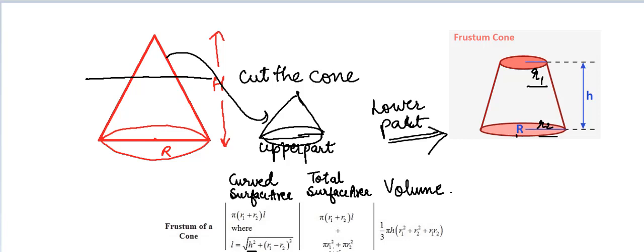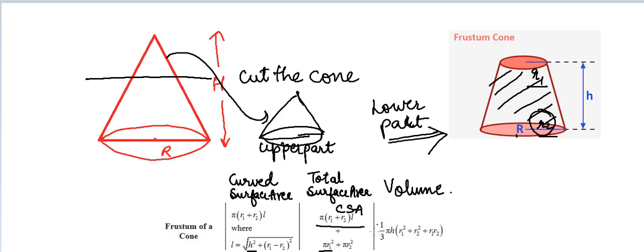For total, you have to take curved surface area plus the areas of two circles, with radius R1 as well as radius R2.